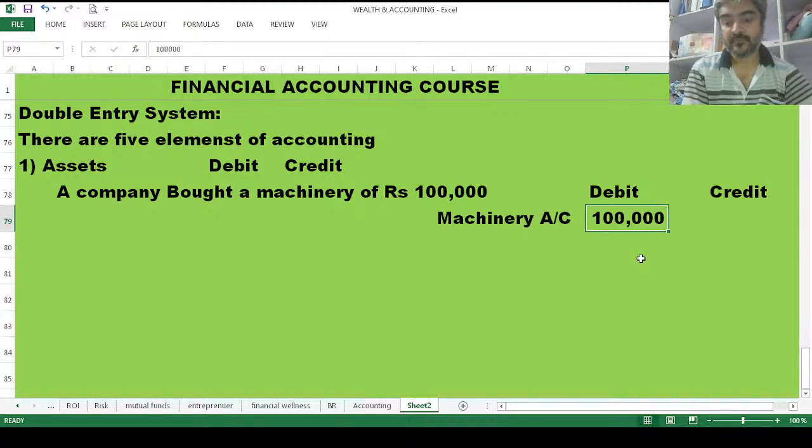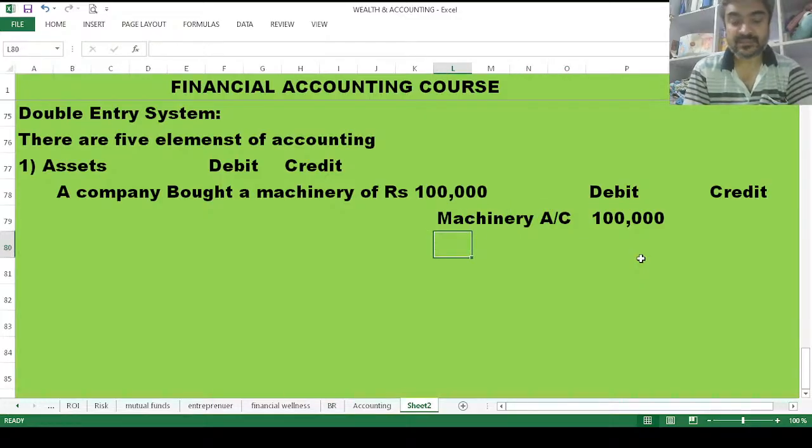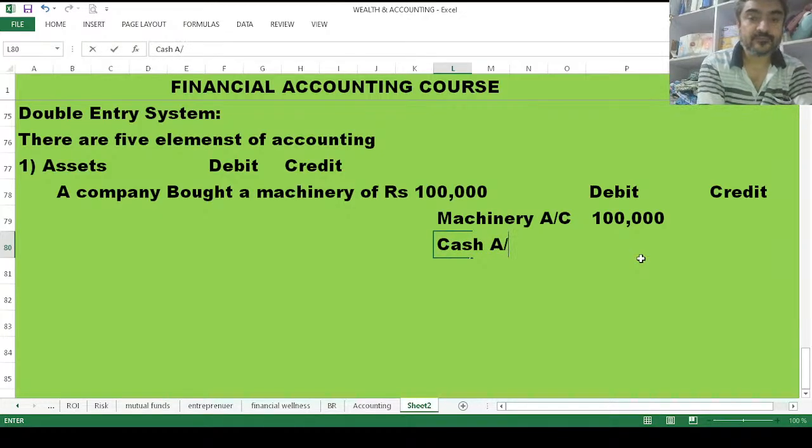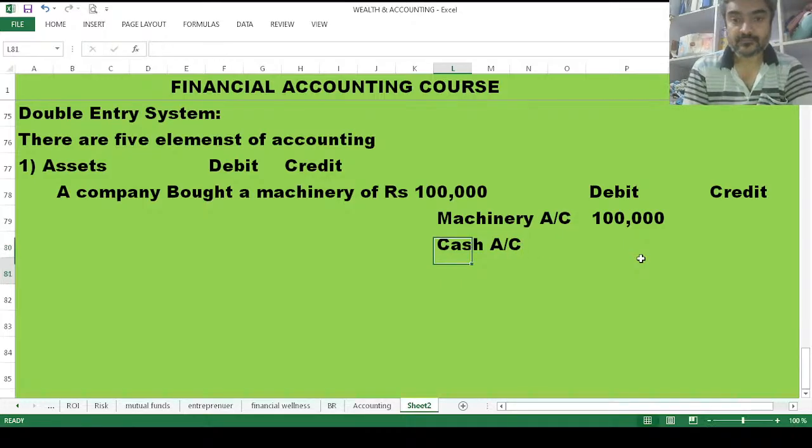The second aspect is that we have paid cash to purchase this machinery. So we will open another account with the name of cash account, and credit this cash account with rupees 100,000.